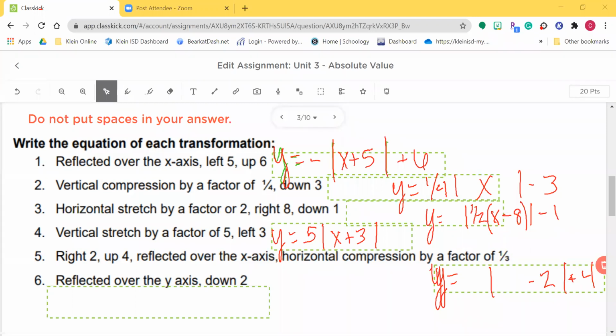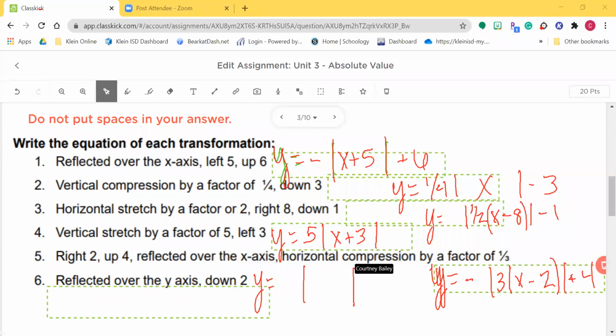Vertical. So is that inside or outside? Outside. Negative side. Horizontal. Inside, outside? Inside. 1/3 or 3? 3. What do I have to have? X. Parentheses and my X. Last one, I'm going to fit it in right here.